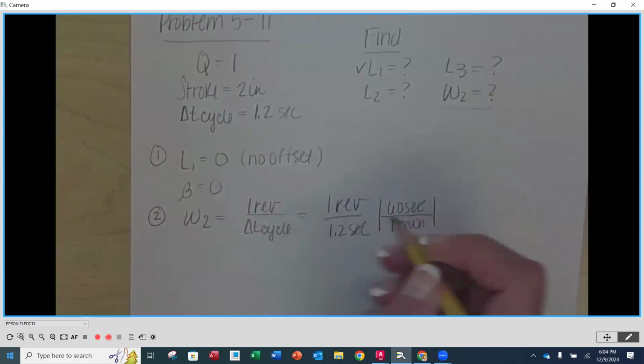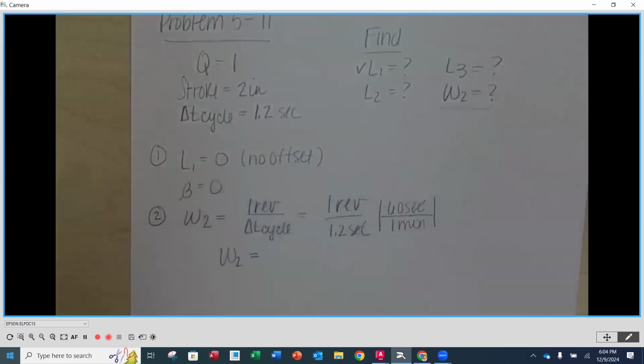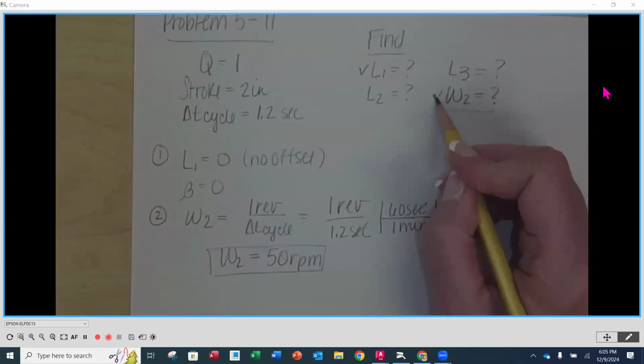Do that conversion. So our W2, what do we get? 60 divided by 1.2 is 50 RPMs, right? Awesome. Looks like we've got agreement in the room. Okay, 50 RPMs. So we'll be done with that.